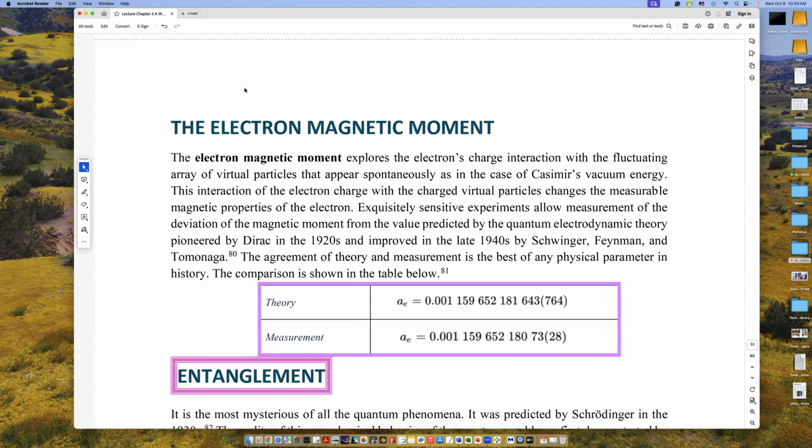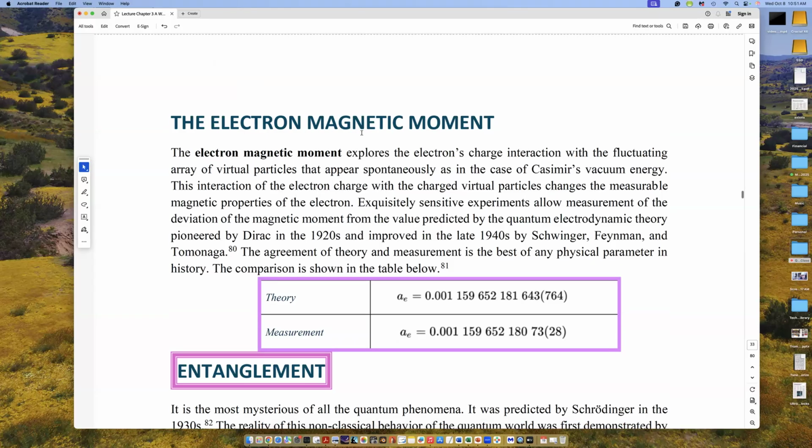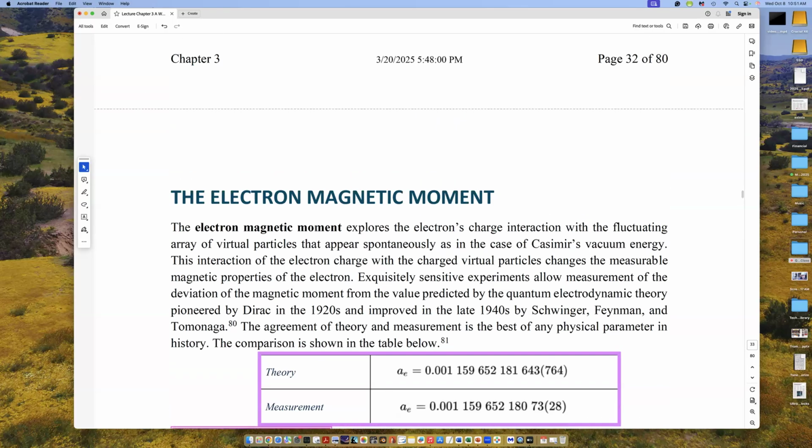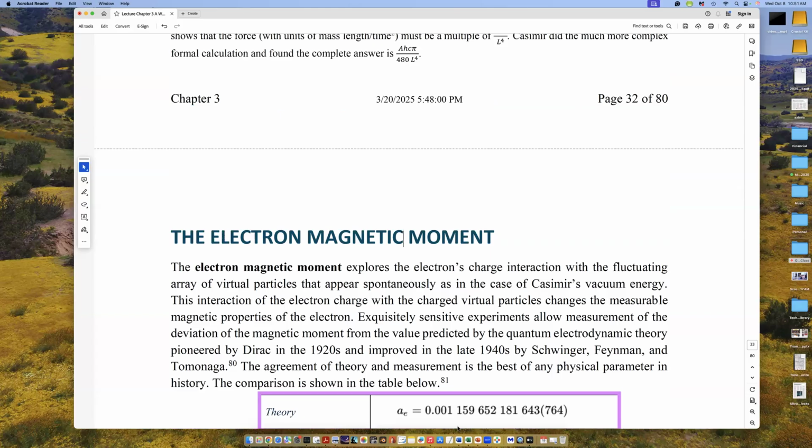We also mentioned that quantum mechanics includes the influence of what the physics people call spin, but it's actually magnetic properties. And this is one of the most extraordinary results from quantum mechanics. The theory, here, let me do it this way so you can only see the theory. The theory predicts this number, the magnetic property of electrons.